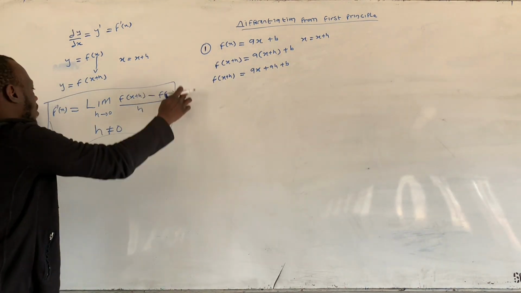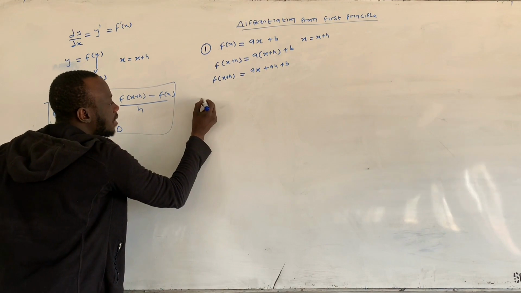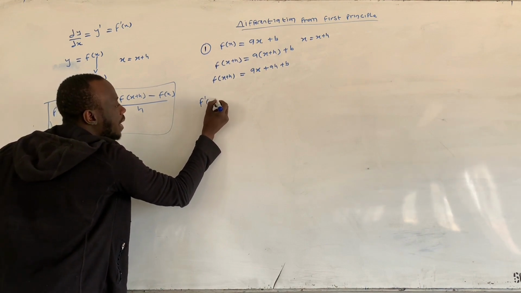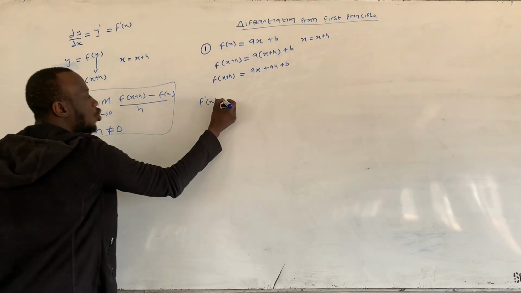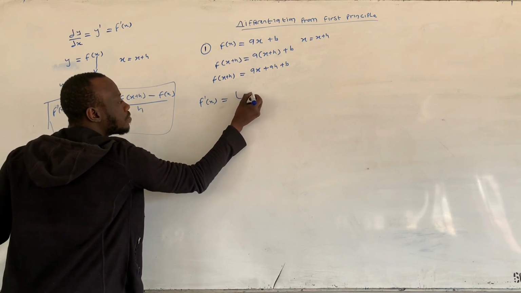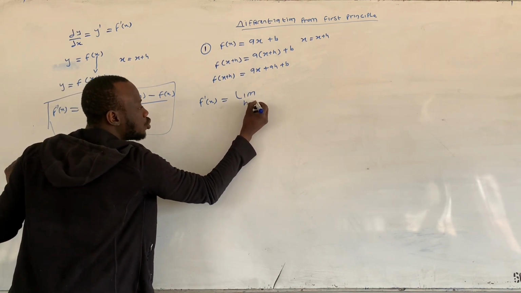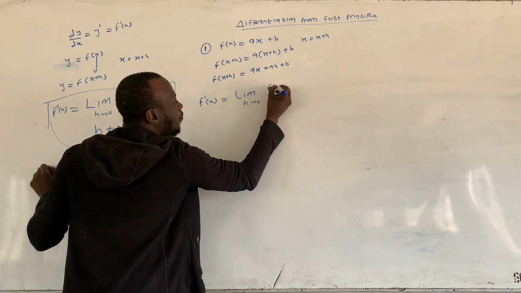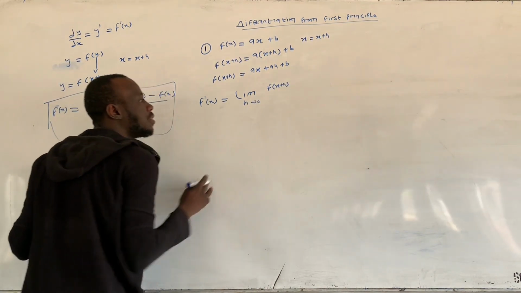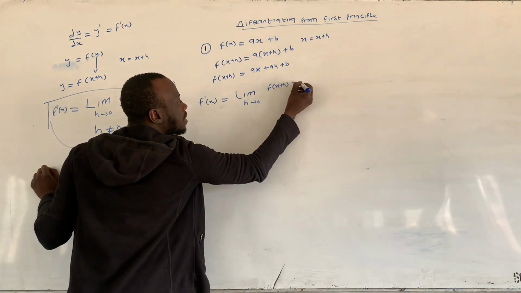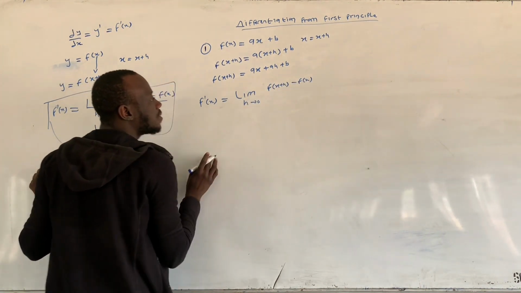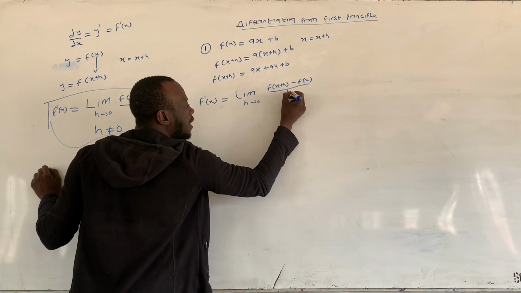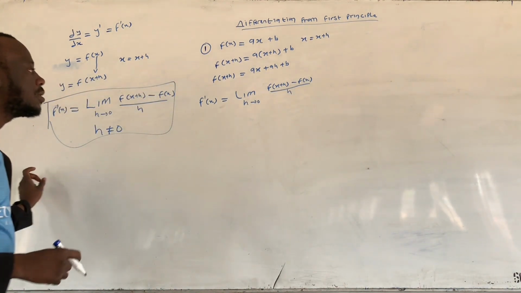Then we bring the principle here that says f prime of x in this case is equivalent to the limit as h tends to 0 of f of x plus h minus f of x, all over h.